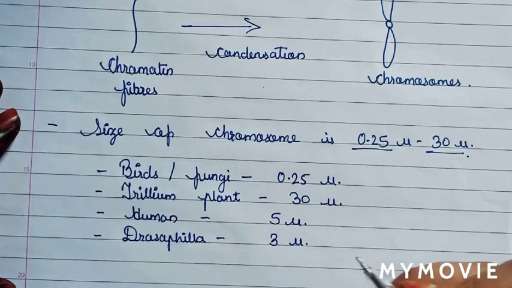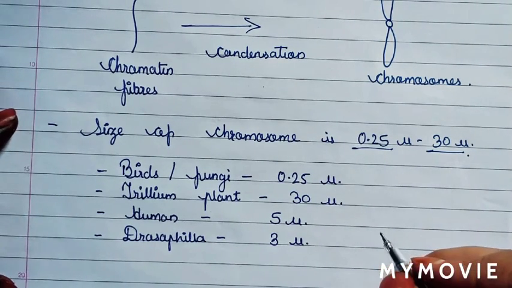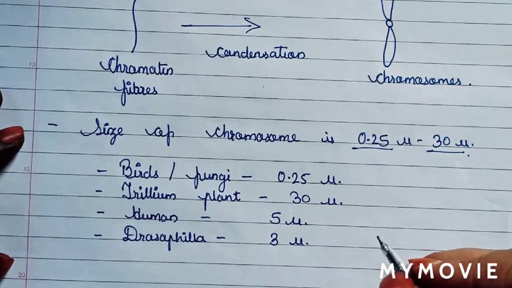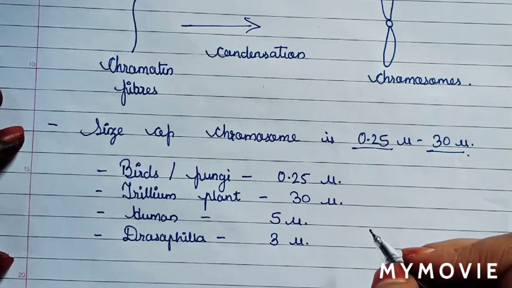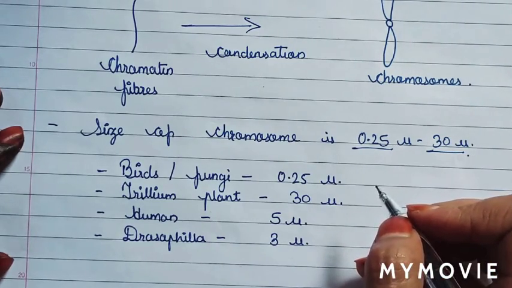Okay. Now we have seen that the shape of chromosomes can be studied at anaphase. We have seen the metacentric, submetacentric, acrocentric and telocentric chromosomes. Now the size of chromosomes can be studied at metaphase.